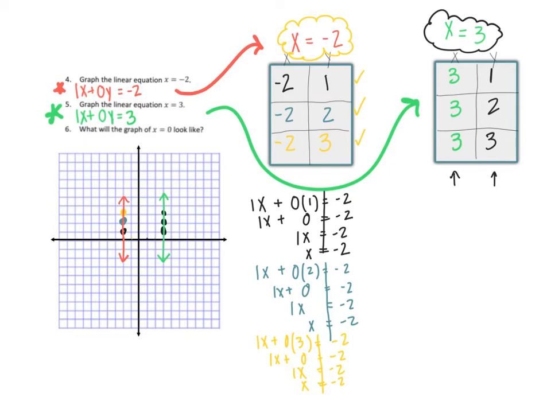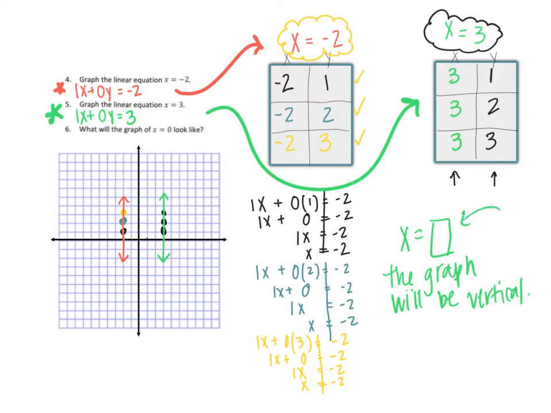So what can we tell about these graphs? Well, if ever we have an equation where x equals blank, the graph is just going to be vertical. Okay, and this number, whatever it equals, here it equaled -2, and it was 2 spaces back for our x, right?